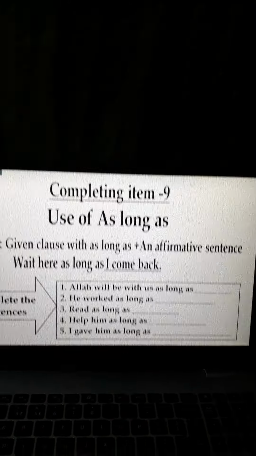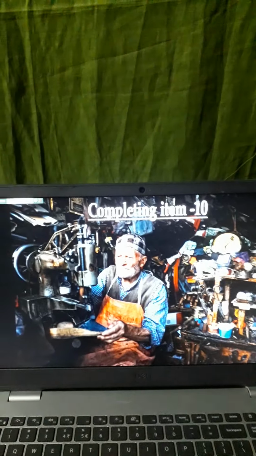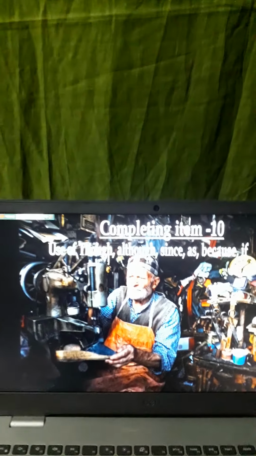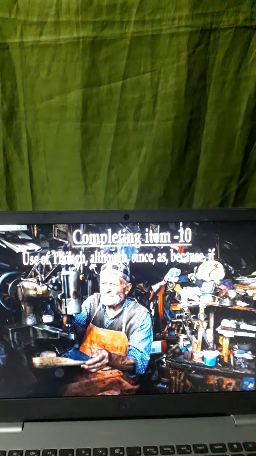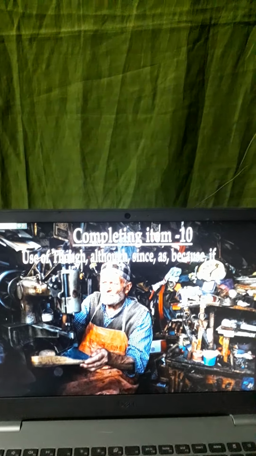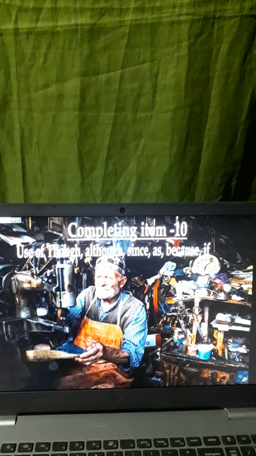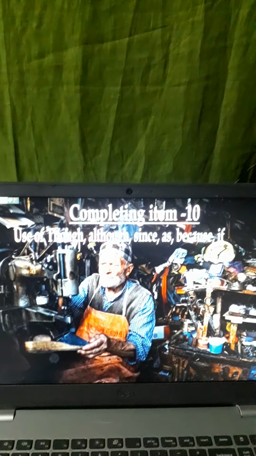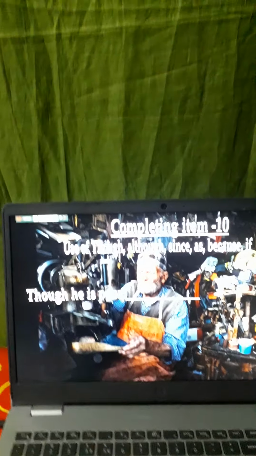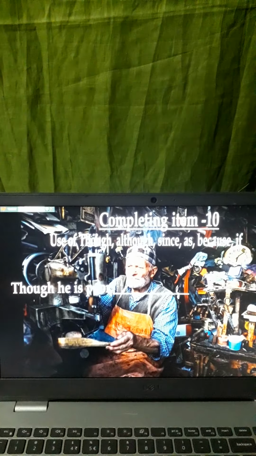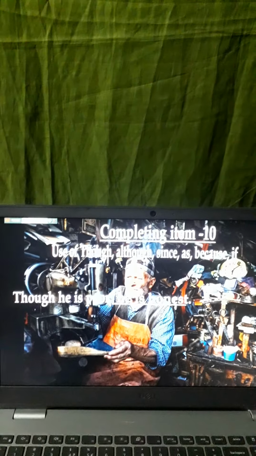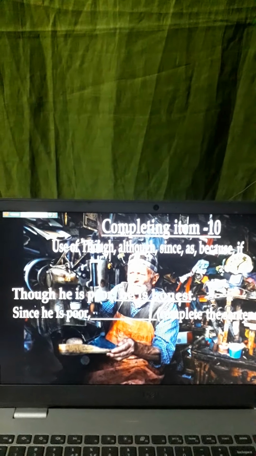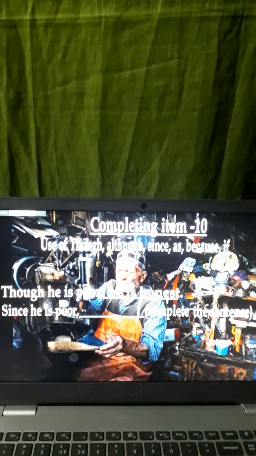Completing item 10. Use of though, although, since, as, because, if. Though he is poor, dash, he is honest. Since he is poor, dash.